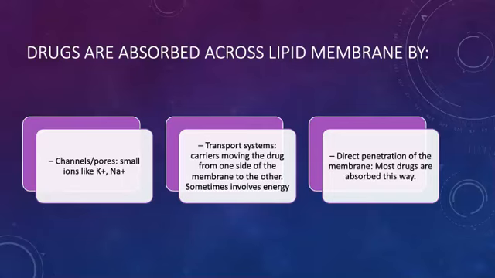And then there are some medications that cross over to the bloodstream if they have a carrier, so something can grab onto the medication and carry it across the membrane into the cells. But most drugs really penetrate the outer membrane. The membrane has to be a lipid membrane in order for the medication to be absorbed through it. So most drugs are absorbed across a fatty layer.